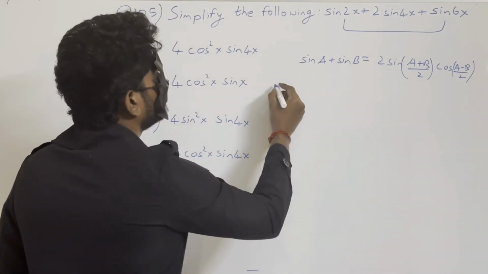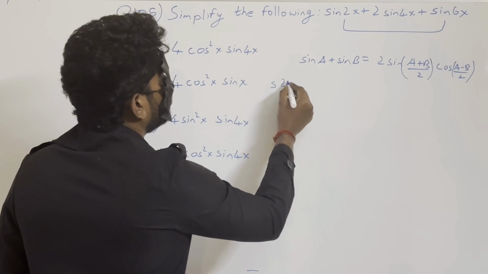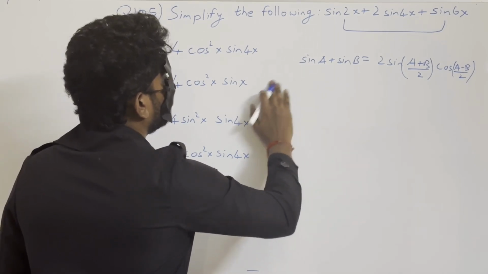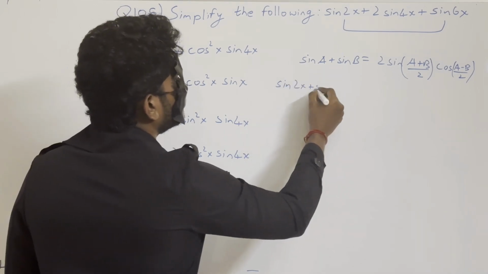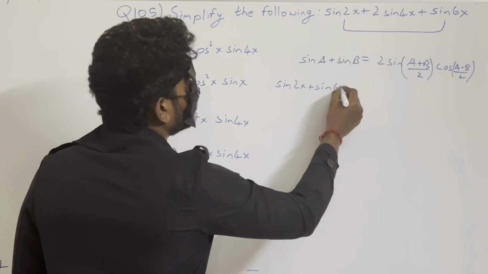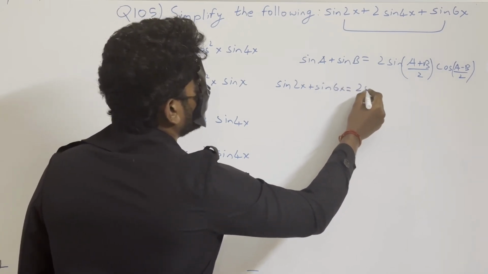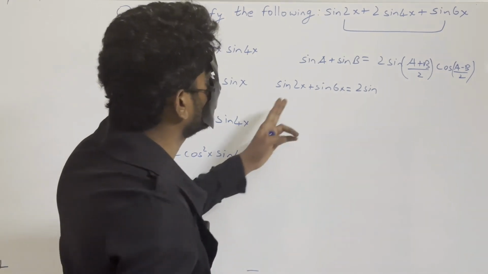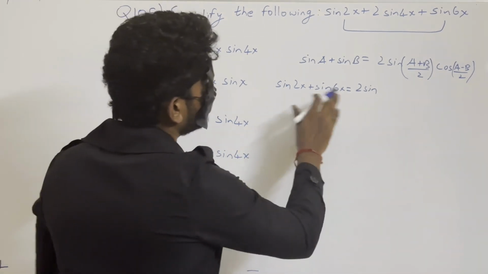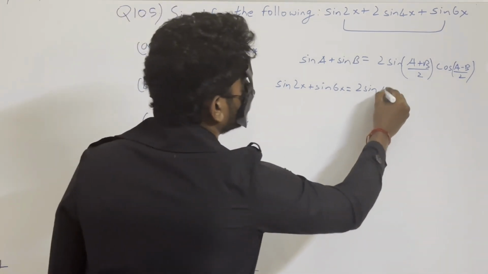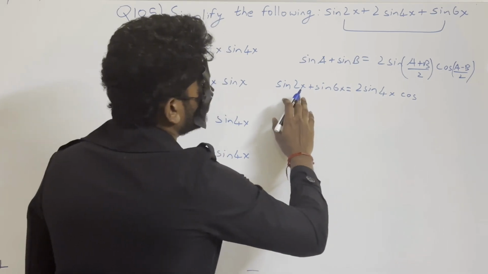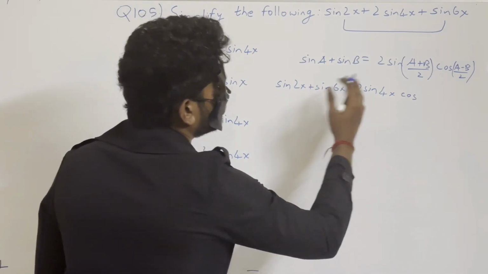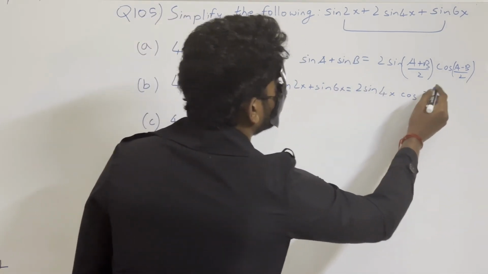Now here sin 2x plus sin 6x is nothing but 2 sin of 2x plus 6x, that is 8x, by 2 is 4x, so 2 sin 4x, into cos of 6x minus 2x, that is 4x, by 2 is 2x, cos 2x.